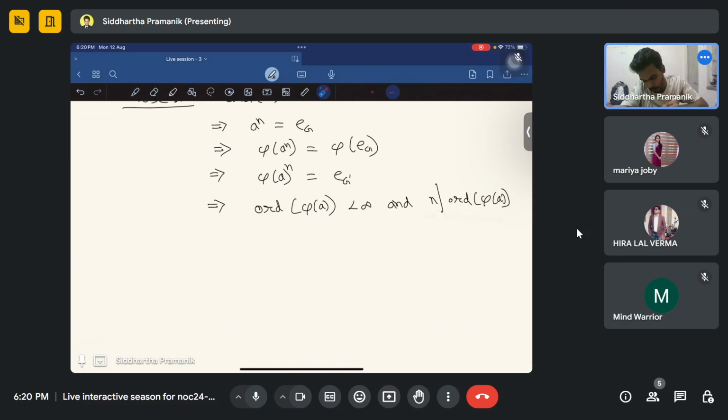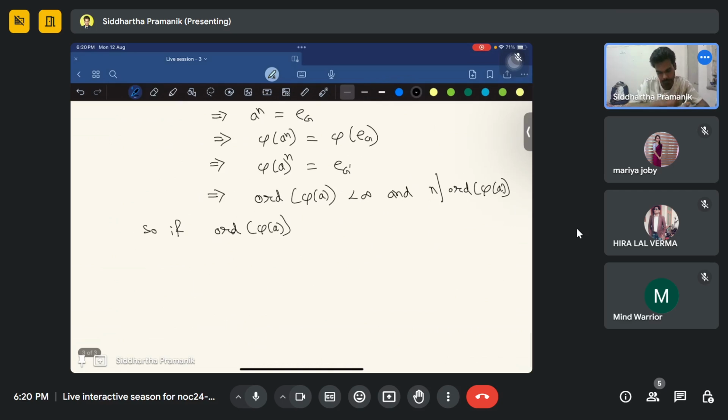So it cannot be less than n, right? Okay, let me write down that.